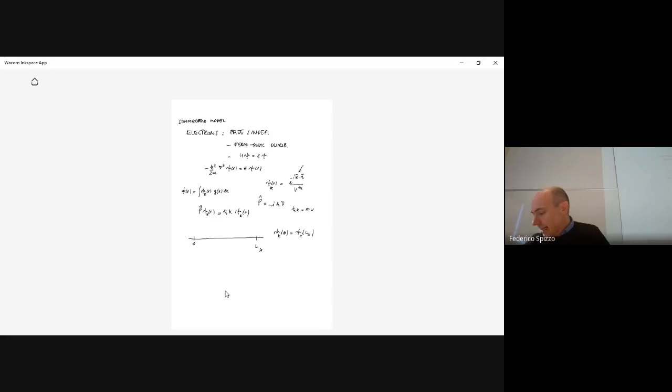So instead of considering a sort of wall where the amplitude goes to 0, you just join the end of the solid with the beginning of it.